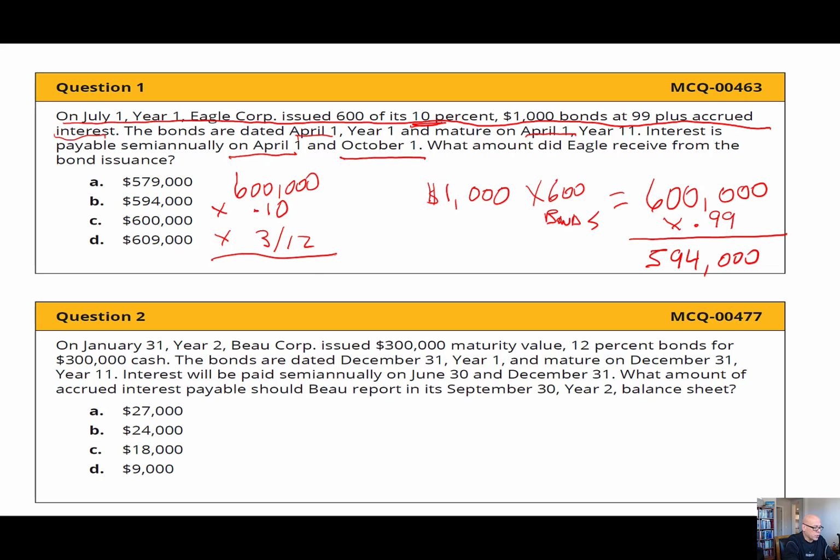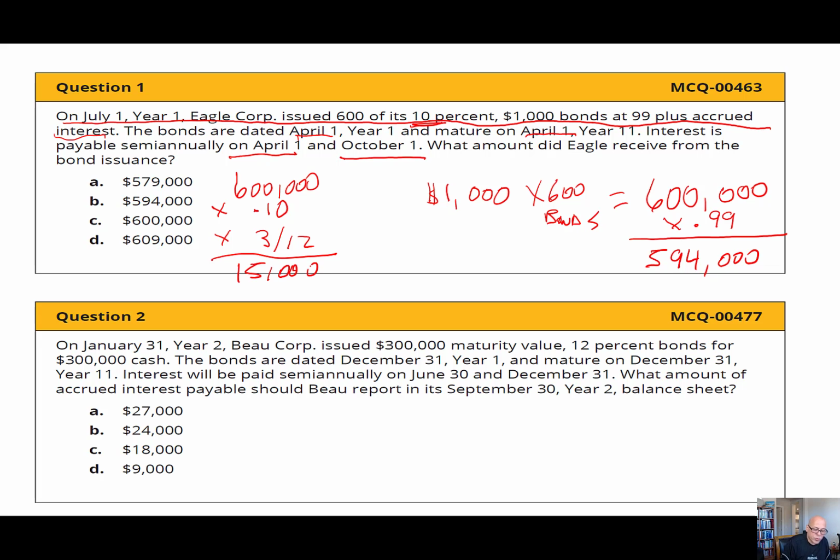Okay, so when I go ahead and do that math now, 600,000 times 0.1, times 3/12, 3 divided by 12, gives me 15,000.